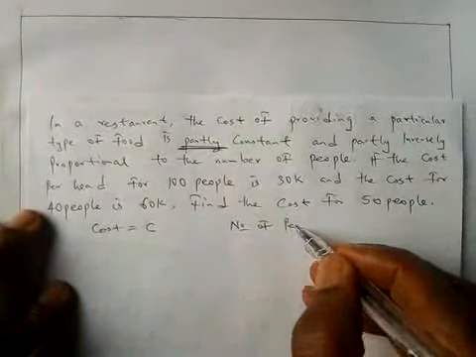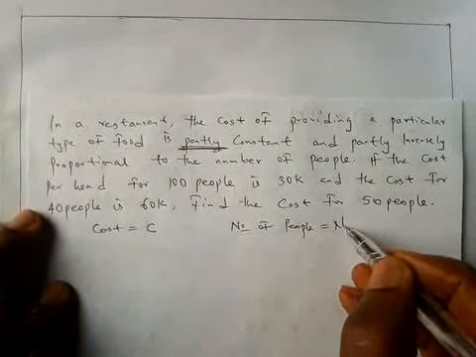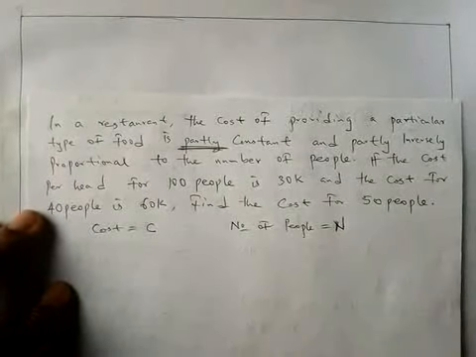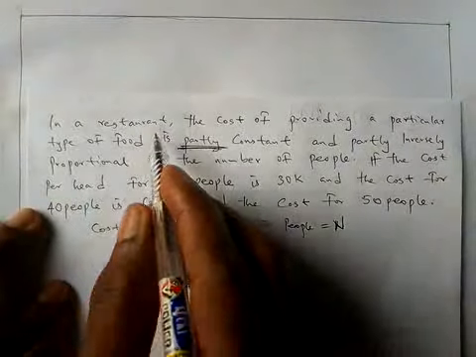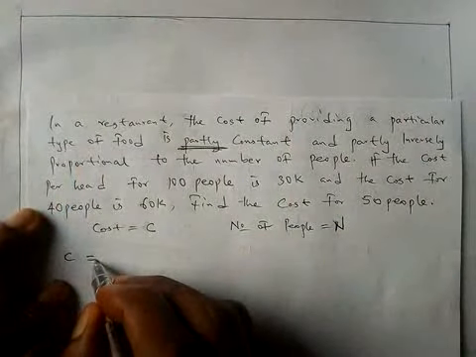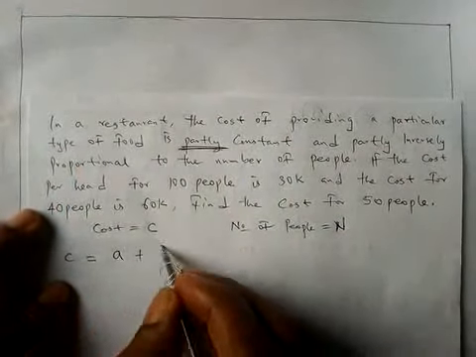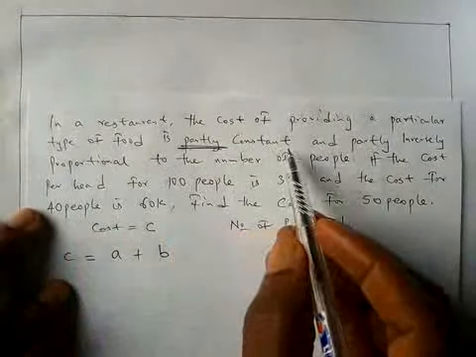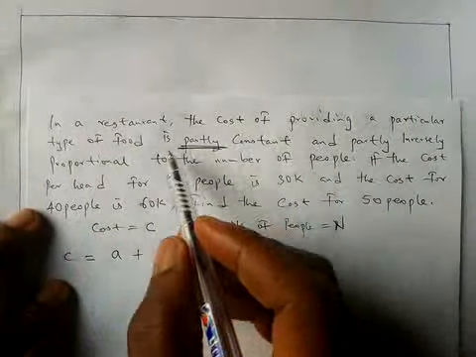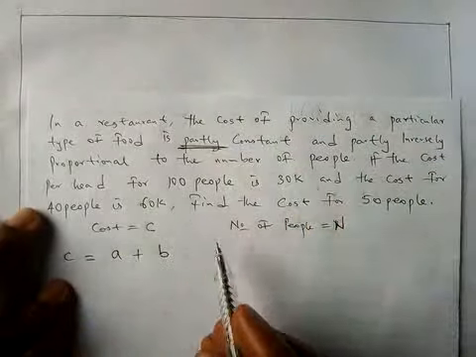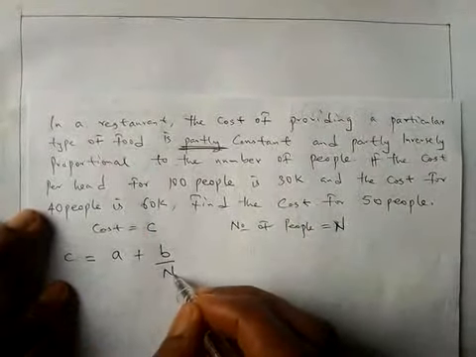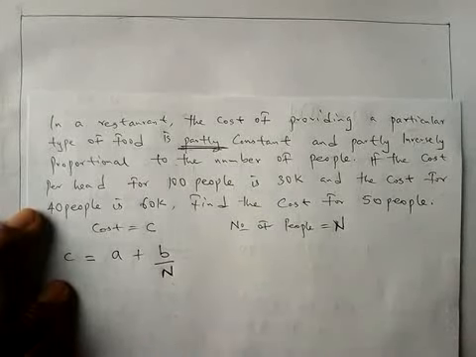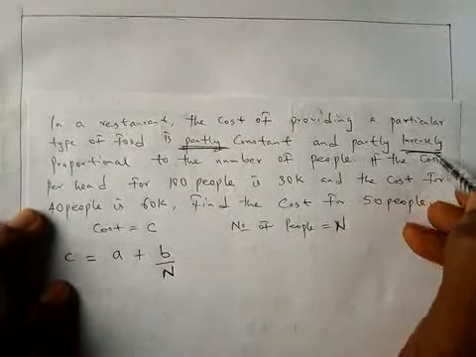Let's call that N. Now it means that cost is equal to A plus B over N. Inversely proportional, so it has to be 1 over N because of the word inversely.